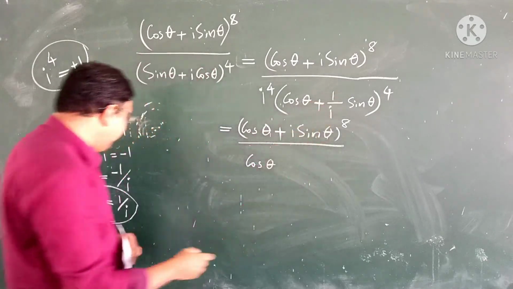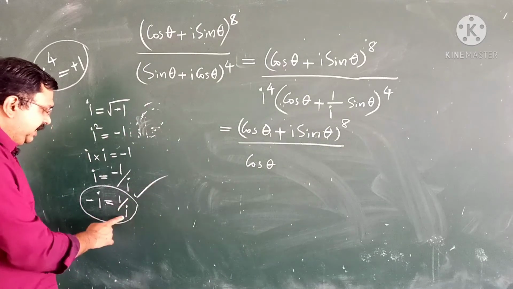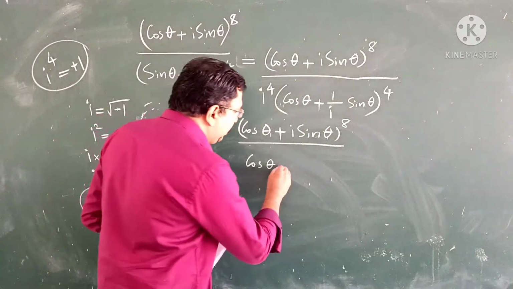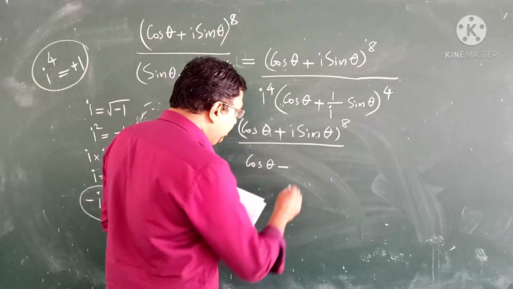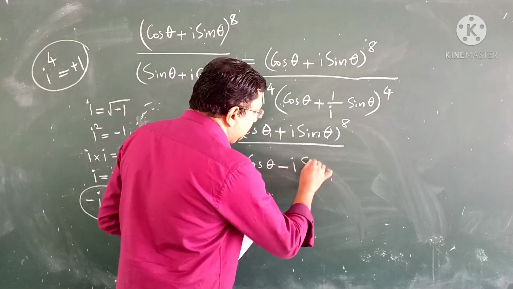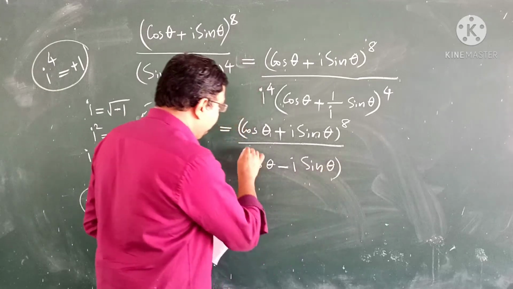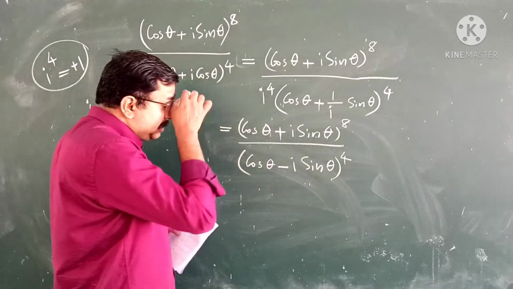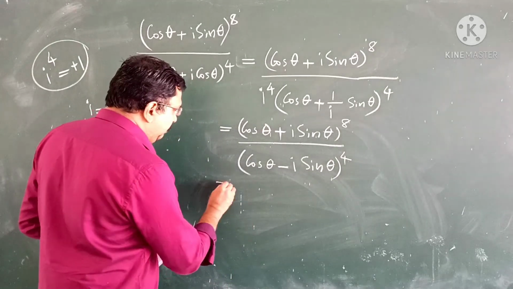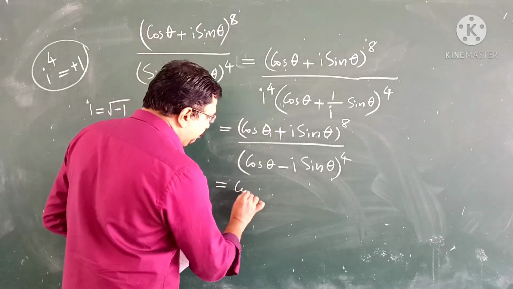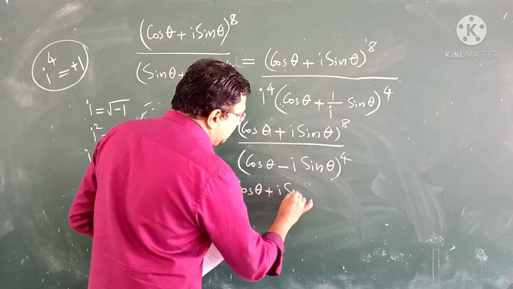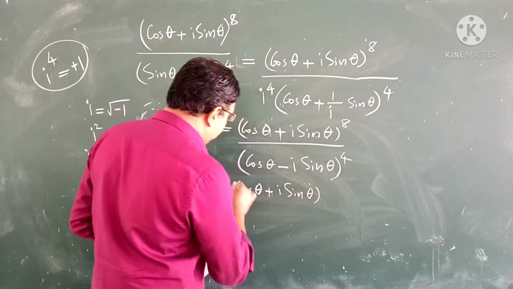What is 1 by i? 1 by i is minus i. Therefore, it will become minus i into sin theta, the whole raised to 4.